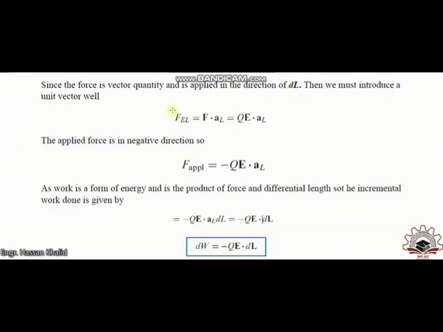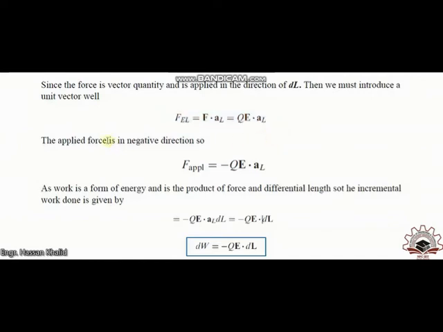So we take the dot product of the force with the unit vector aL in the direction of that incremental distance, and we plug in the value of the force, which is equal to QE. We get the final result of the force applied by us in the direction of that incremental distance.